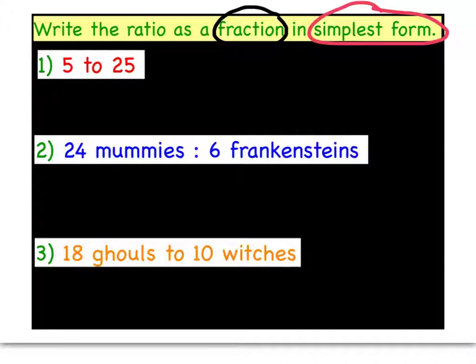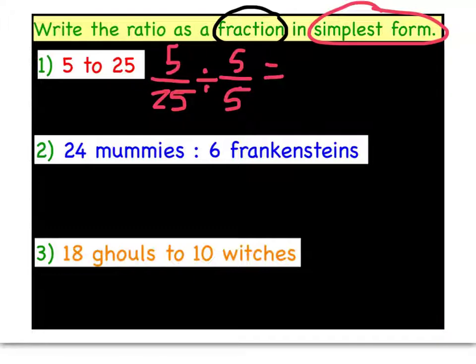So first thing is I need to take this ratio and I need to turn it into a fraction. So 5 goes on the top and 25 goes on the bottom. We need to simplify just like what we did on our starter. So 5 and 25, looks like those both have 5 in common. So I'm going to be dividing by 5 over 5.